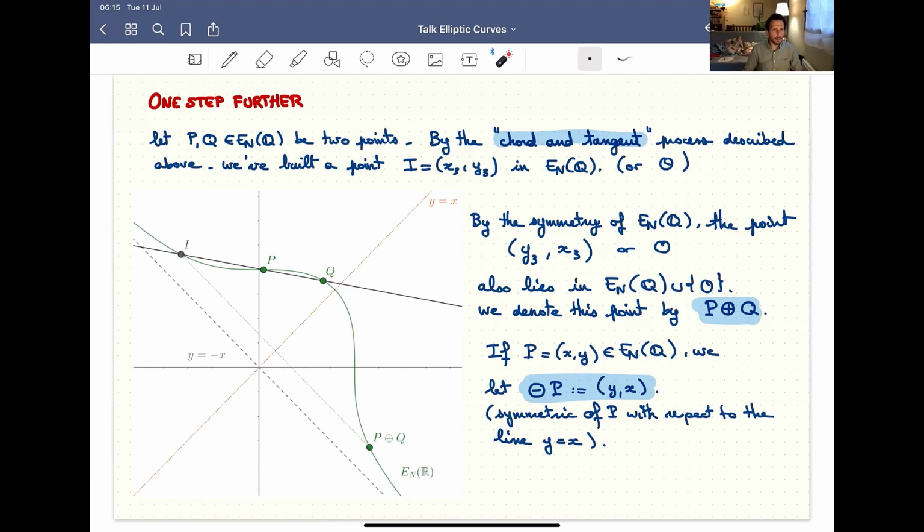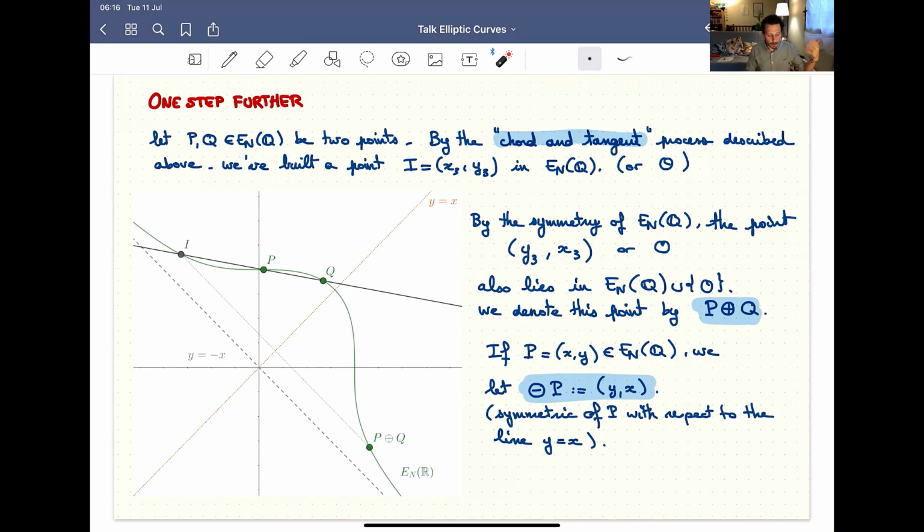So this process of creating new solutions from old ones is called the chord and tangent process. If you have two solutions, what we did was draw the line joining them, and this is called drawing the chord joining P and Q. And if we have one solution P, then we drew the tangent line.